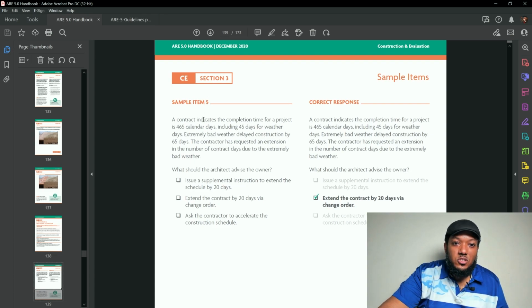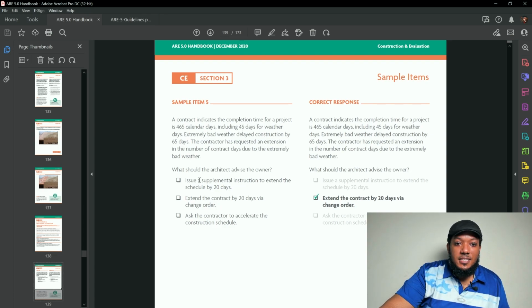The contract indicates the completion time for a project is 465 calendar days, including 45 days for extremely bad weather. Weather delays construction by 65 days, and the contractor has requested an extension in the number of contract days due to extremely bad weather. So you are comparing these two numbers: 65 days was not included, 45 days is what was included.